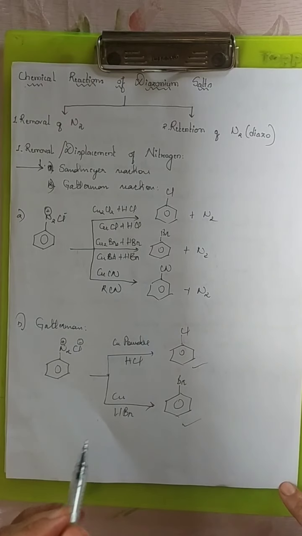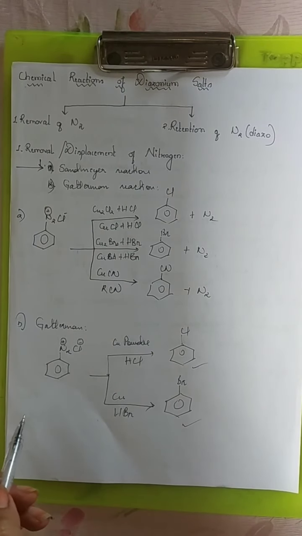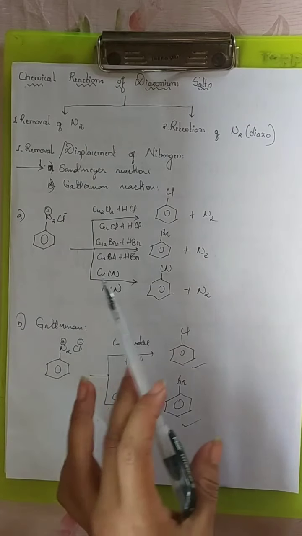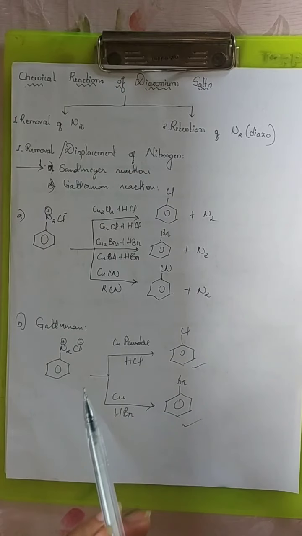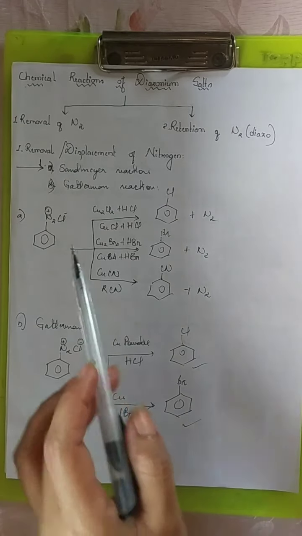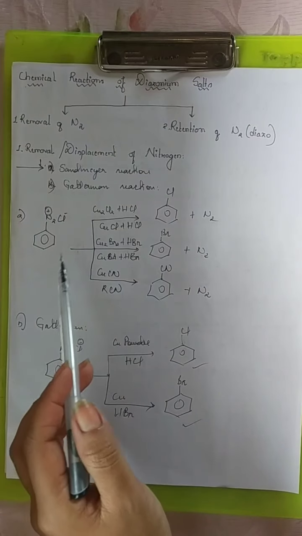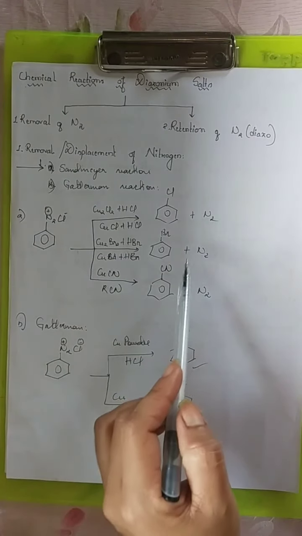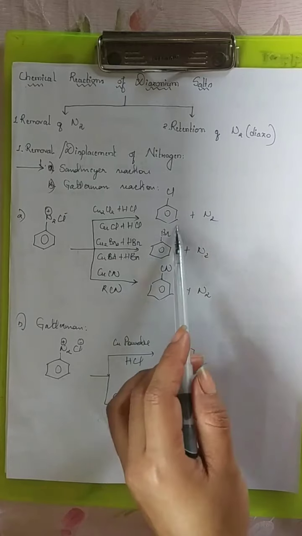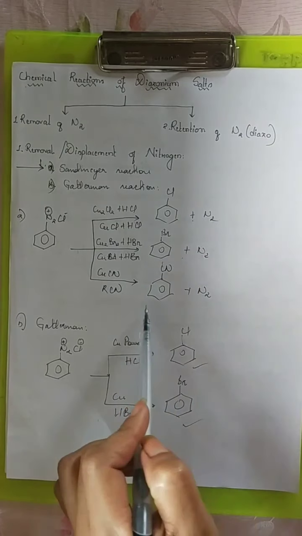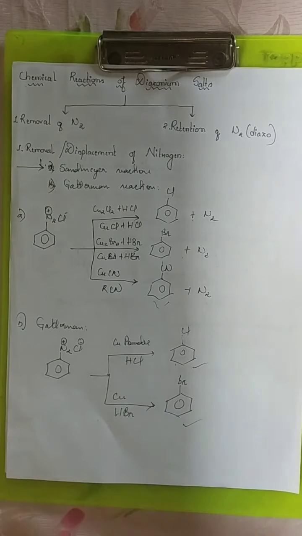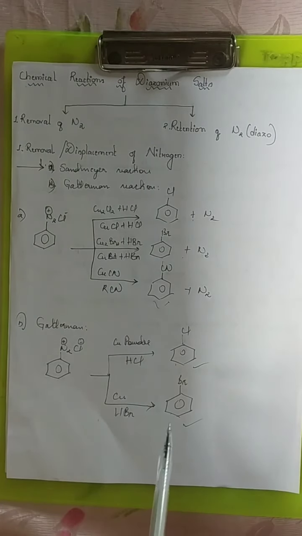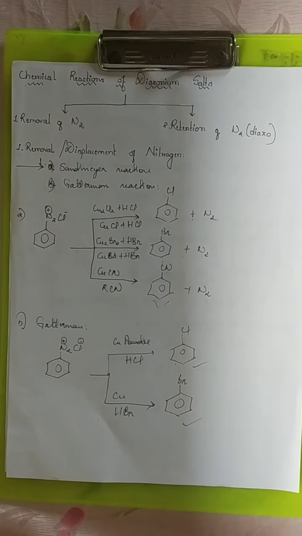The yield in Sandmeyer's reaction is better compared to Gattermann's reaction, and the products also differ, because Sandmeyer's reaction gives chloro, bromo and cyano products, whereas Gattermann's reaction gives only chloro and bromo products. Therefore this is the first reaction for the displacement of nitrogen.